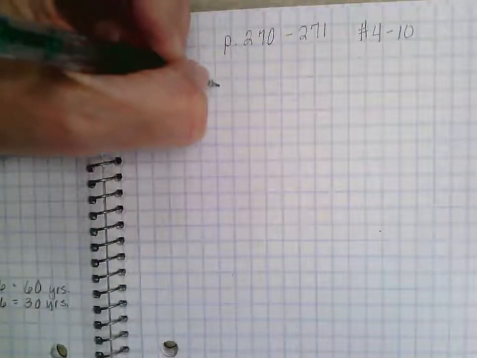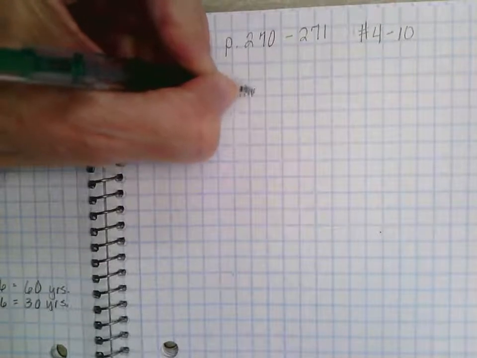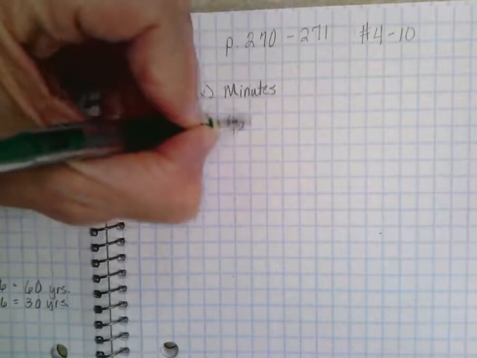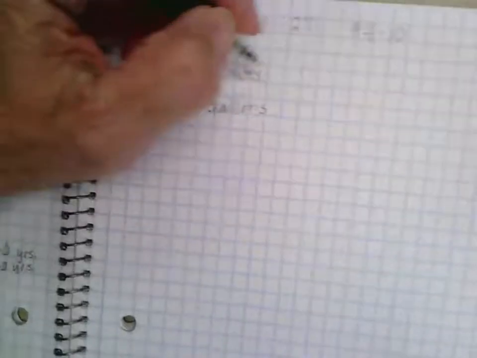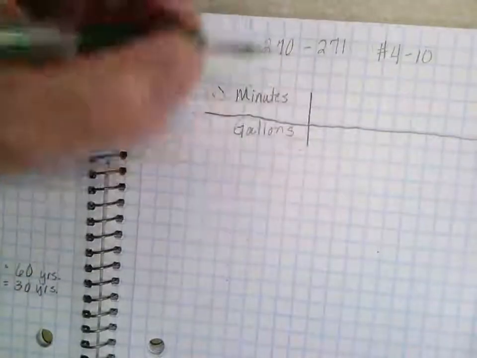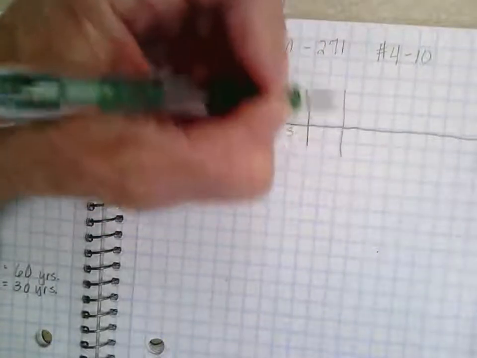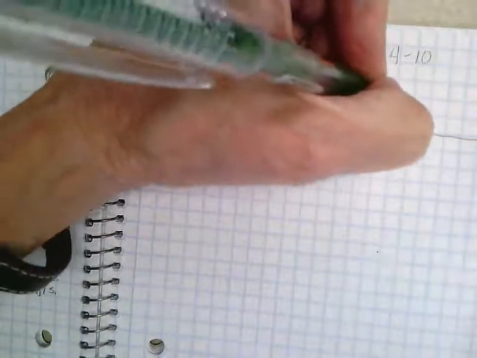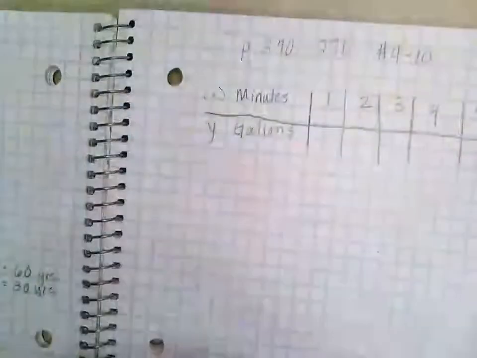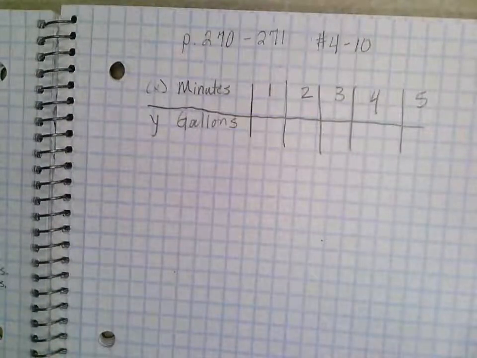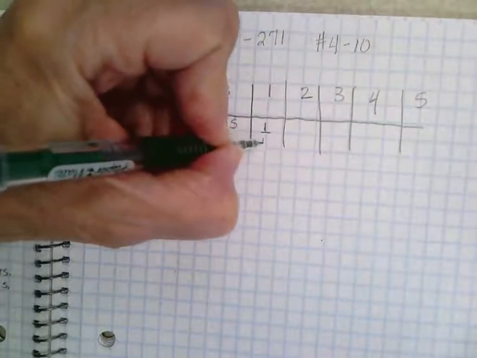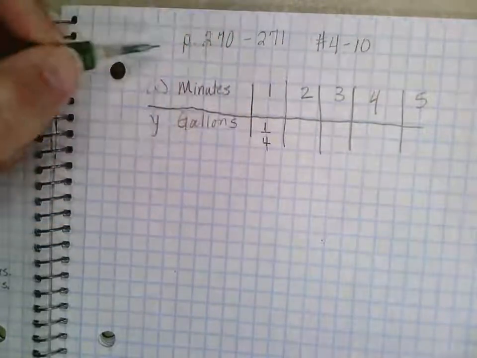So we're going to make minutes X, and gallons, the number of gallons we're losing, Y. And we're going to do this for five minutes and look at what happens. It tells us that we're losing water at a rate of 1/4 gallon every 1 minute.